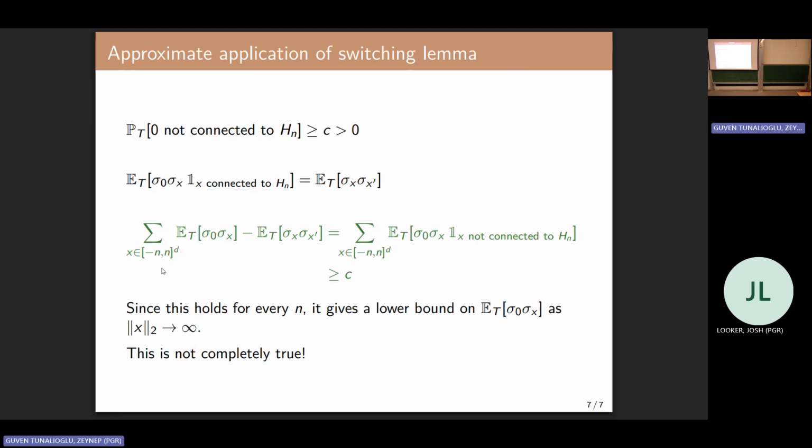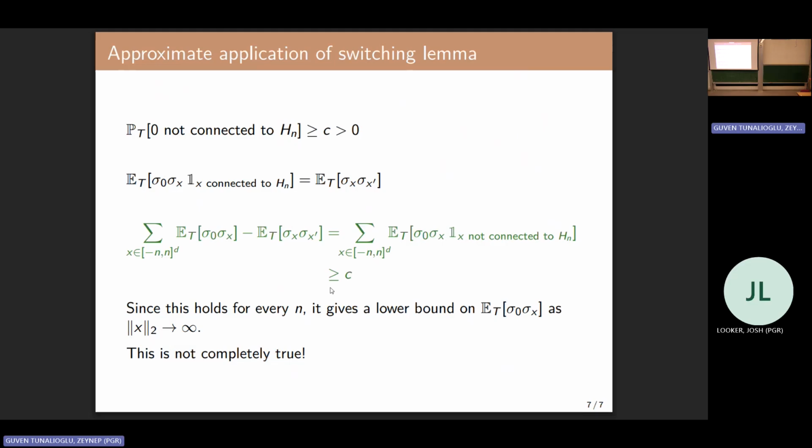And now, the reason this is useful is that if we have this bound for all x, then if we sum this expectation over all sites in a box, this is still bounded away from 0.